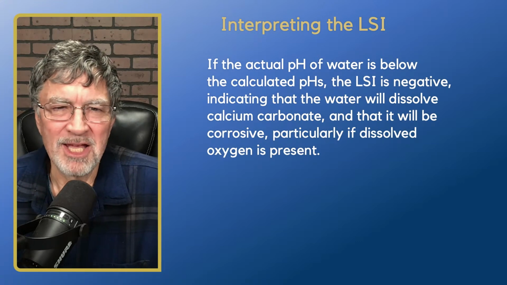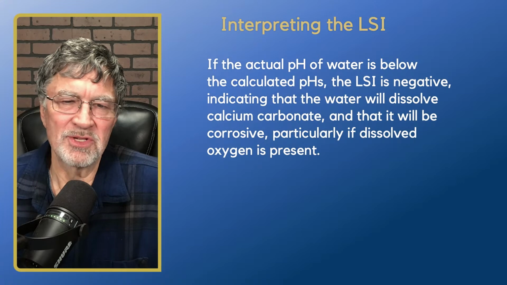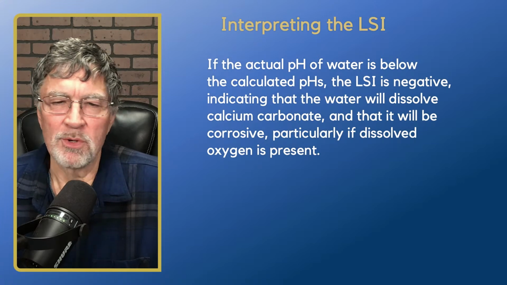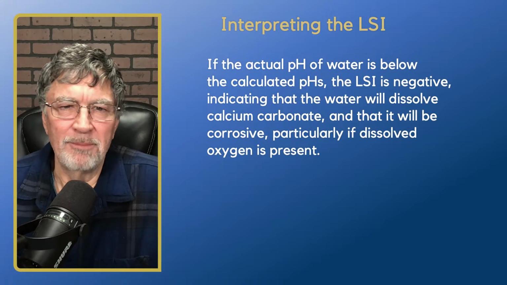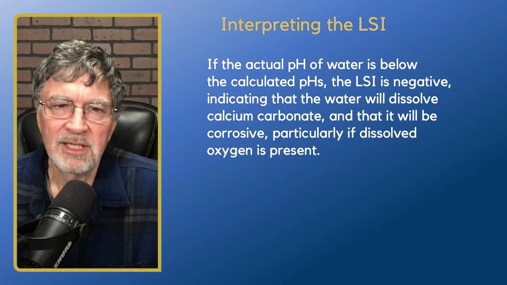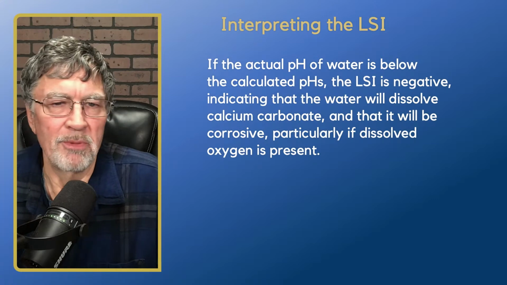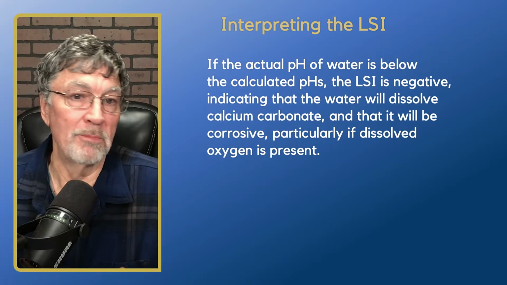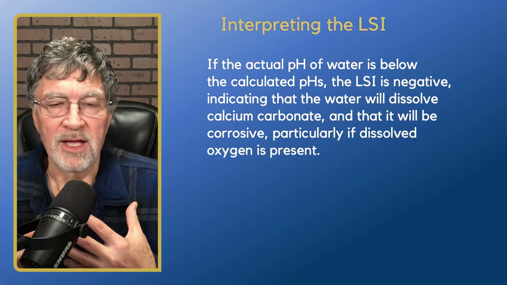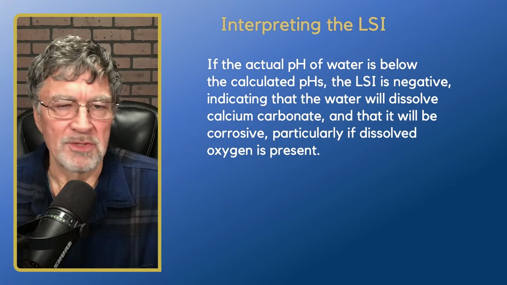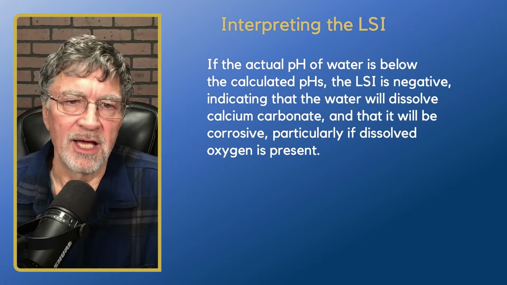And what that means really is not necessarily corrosion per se, but the fact that you don't have a protective coating, and people consider the calcium carbonate, a little sheen of that on there, to be protective of the bare steel. You're not going to get that if your LSI is significantly negative.